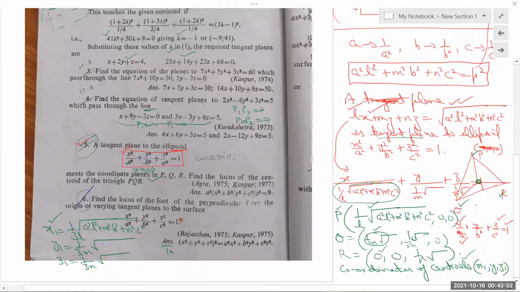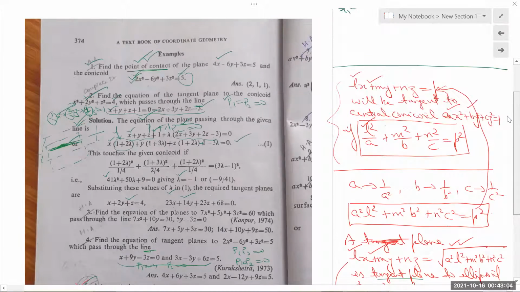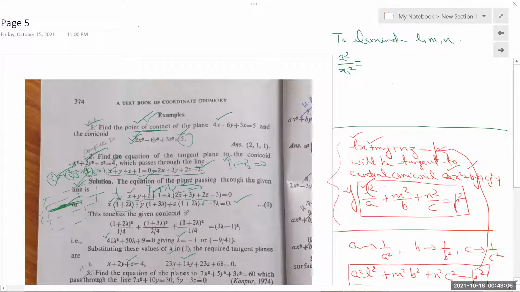Let me write here first. I have x1 is equal to 1 by 3l into this whole term, under root a square l square plus b square m square plus c square n square. So after taking the square and cross multiplying, we have 9l square x1 square is equal to a square l square plus m square b square plus n square c square.